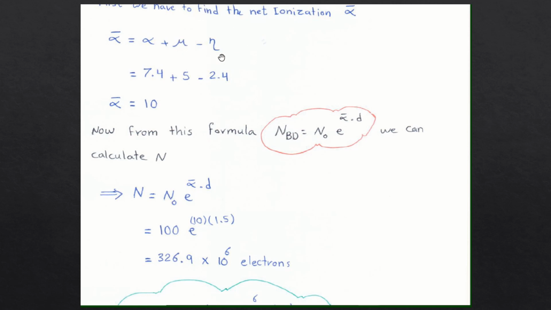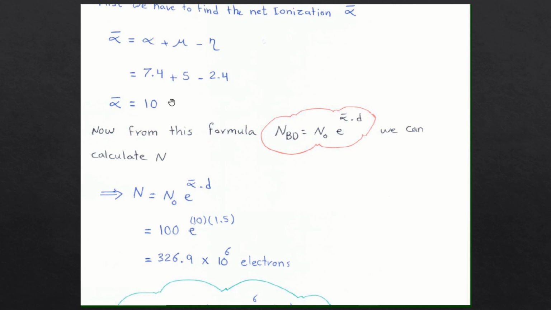All of these are given in the question: the ionization is 7.4, the photoionization is 5 and the attachment coefficient is 2.4. By using your calculator, you will get the net ionization equal to 10.